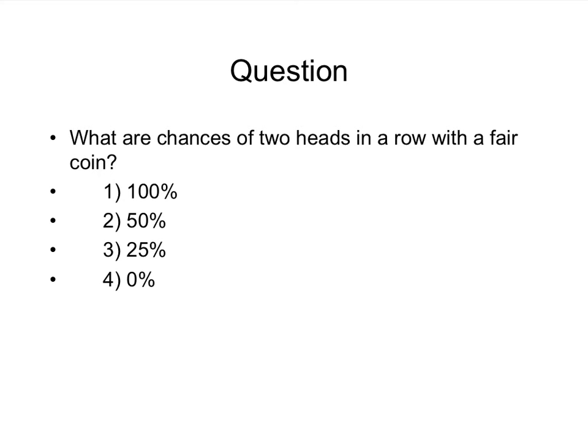What are the chances of getting 2 heads in a row with a fair coin? In other words, a regular coin, head or tail. 2 heads in a row. So getting a head, and then getting a head again. Well, it's 1/2, 1 out of 2 here, right? How many possibilities do you expect to happen? 1. Out of how many trials? 2.